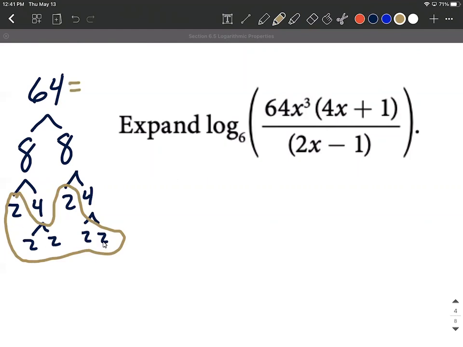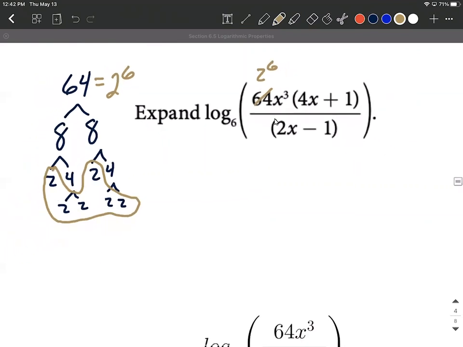If you multiply those all together, you get 2 to the 6th power. That's equivalent to the 64. So I'm going to visualize this as 2 to the 6th power from the very beginning. So factor any composite numbers as much as possible from the beginning, and it's going to speed up our whole process. So from here, let's go ahead and start splitting this apart.